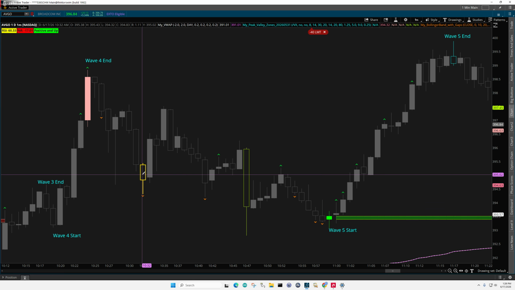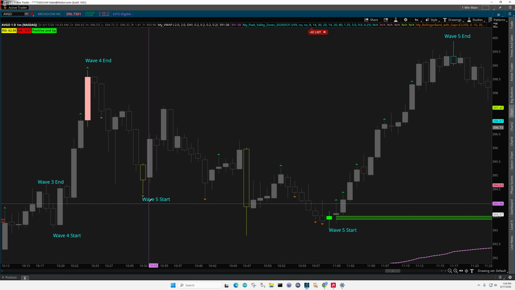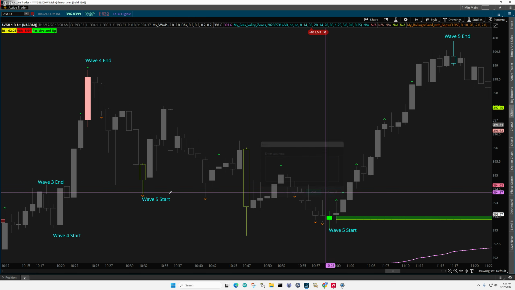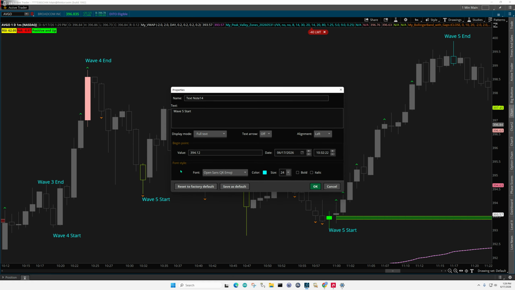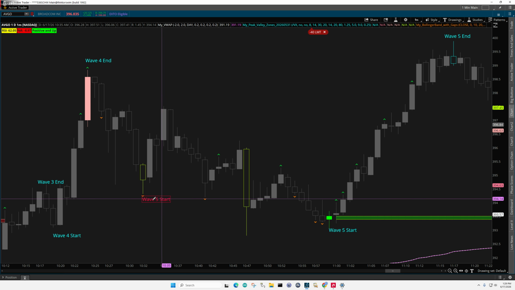But what happens is, and we can just document this, this would be a wave 5 start by my own definition, but we're going to color code this red. Why? Because it failed. It failed because price actually went lower. So this wave 5 start is a failure.